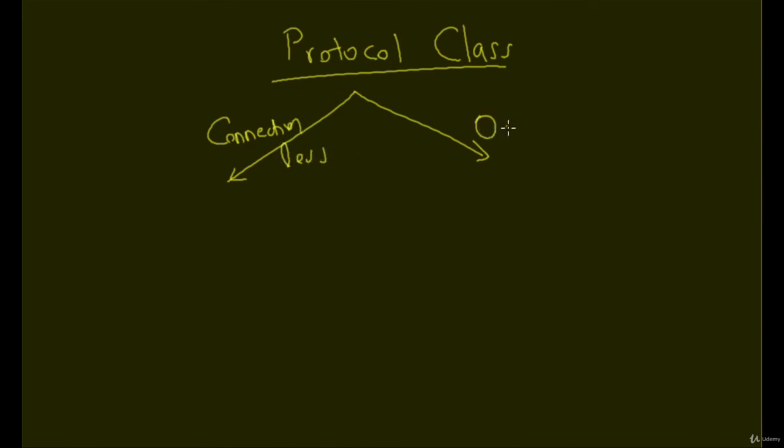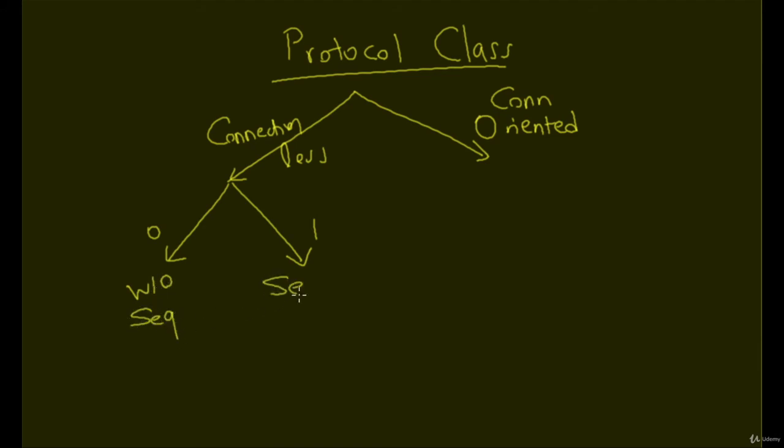Second is for the connection oriented services. Okay, for connectionless, there are two protocol classes. One is 0, another is 1. One is without sequencing, and one is with the sequencing.